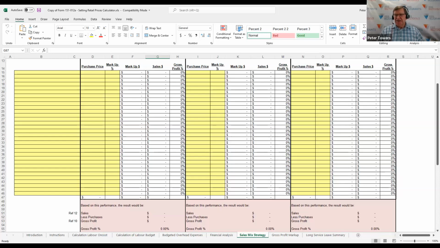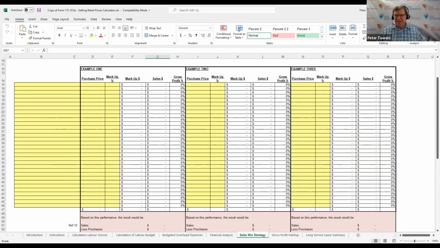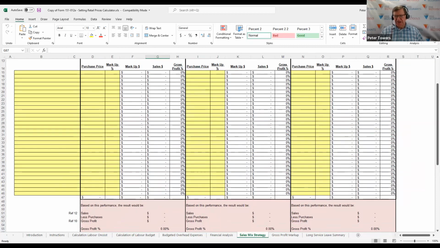Because what you're going to have then is the projection of what the sales would then be based on these manipulations of how much is going to be purchased and what the markup's going to be. And the system's going to calculate the gross profit percentages.